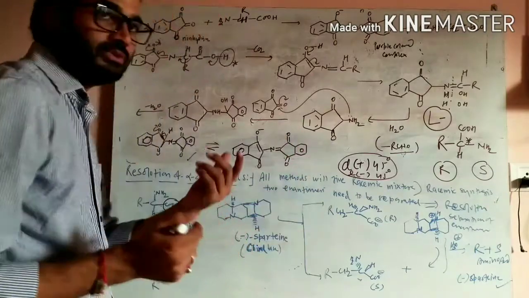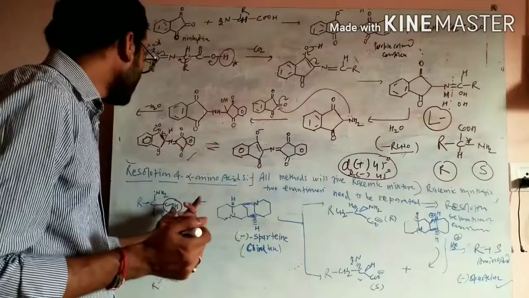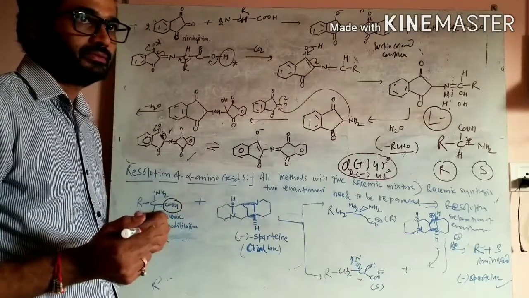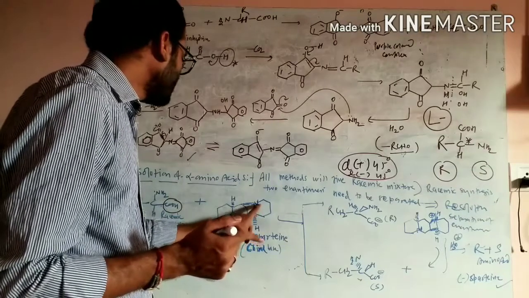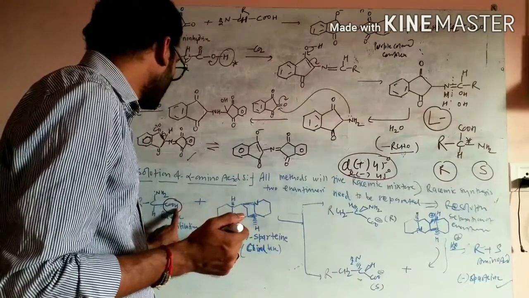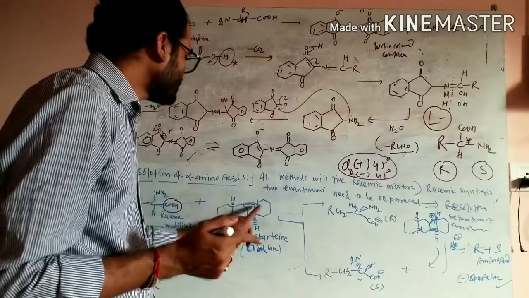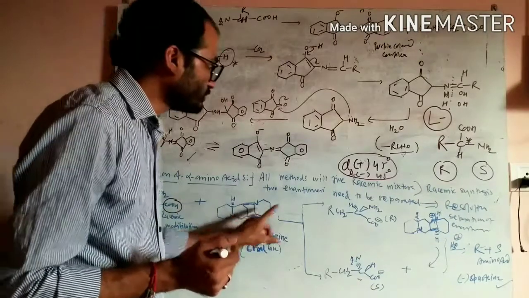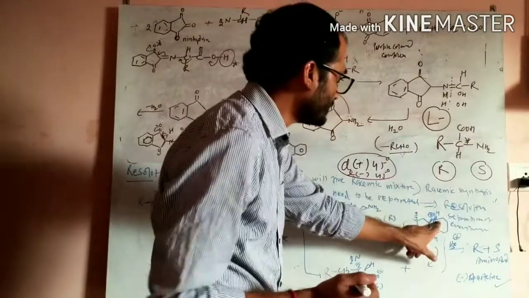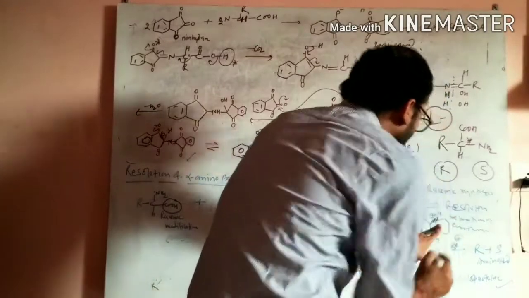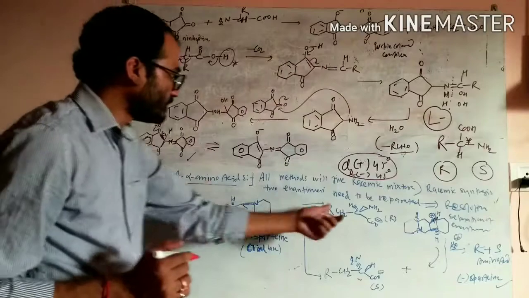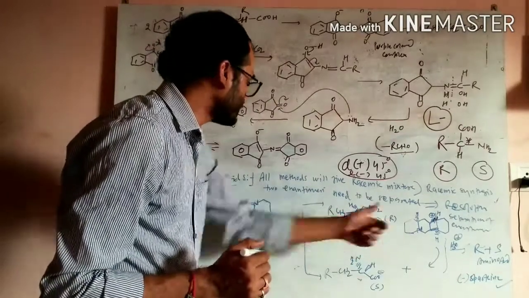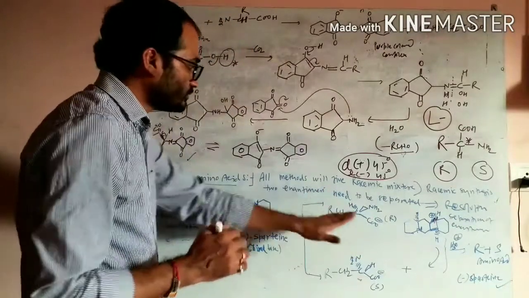Now this is very simple. This is a base, and this nitrogen will extract a proton from here. After extracting the proton, this nitrogen is going to be quaternized. And this is converted into R-CH-NH2 and COO minus. Now this is one enantiomer.